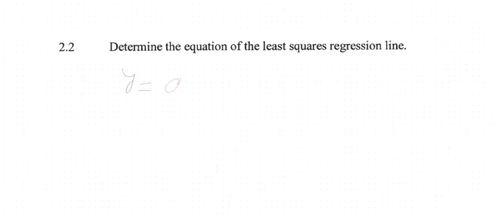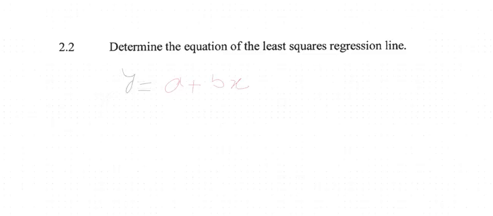We use a calculator to find the constants a, the y-intercept, and b, the gradient. Step 1: enter the xy data into the calculator statistical memory, and perform a linear regression calculation.